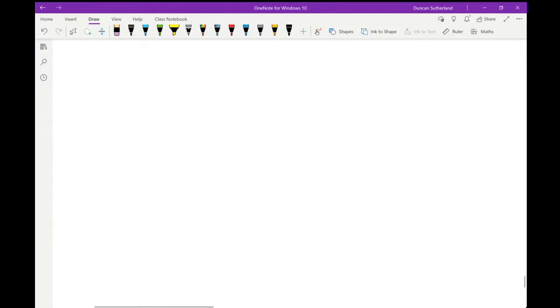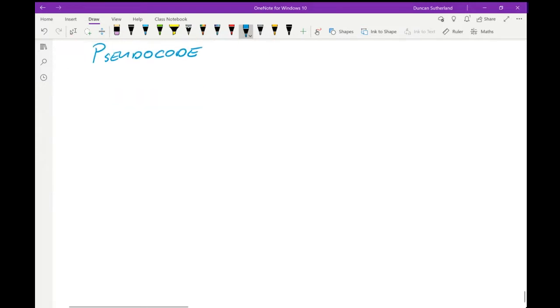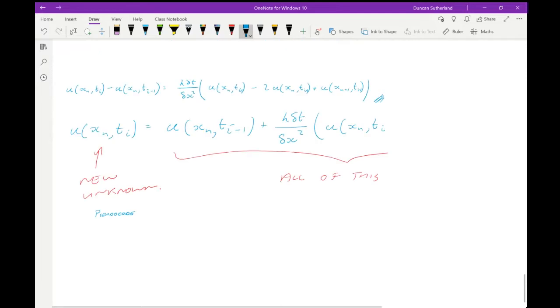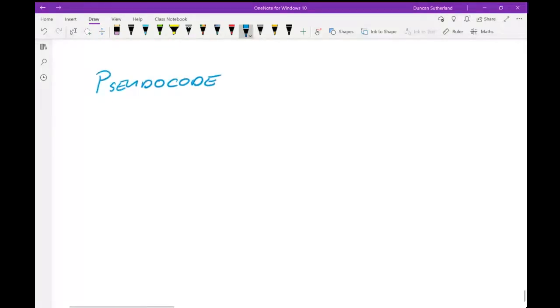So the heart of this thing is the loop where we iterate over both time and space, right? So we know that we have to iterate over the i's and n, right? So that's what we're going to work out how to do now.